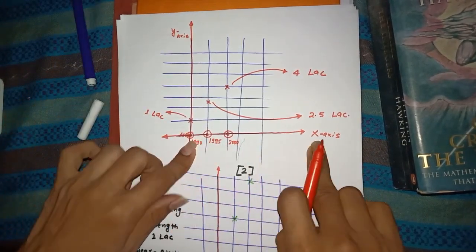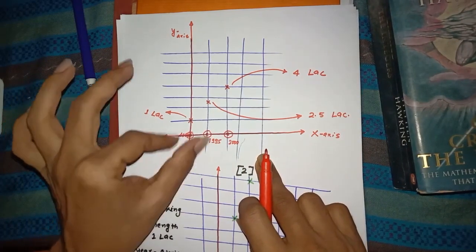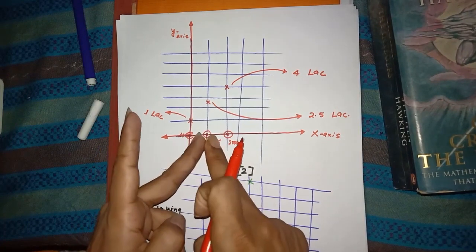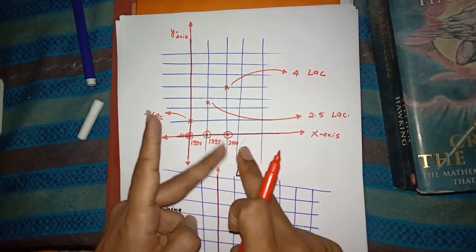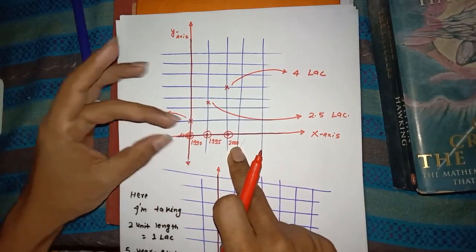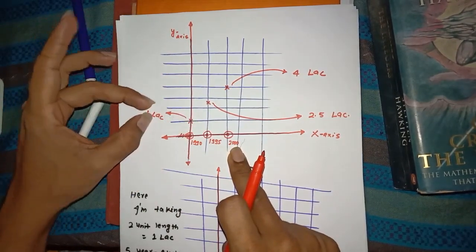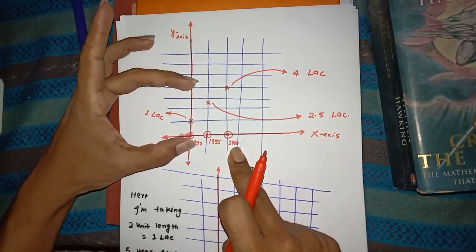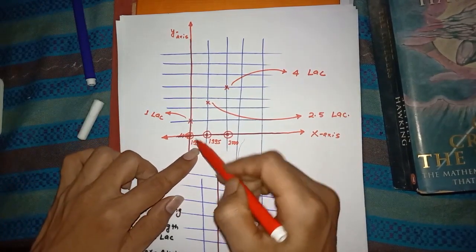Along the y-axis I am taking my expenditure in rupees, and along the x-axis I am taking years. So I am taking 1990 here, and 1 unit length is 5 years, so it becomes 1995, and another 5 years becomes 2000. Similarly, I have taken 1 unit along the y-axis as 1 lakh, so it becomes 1 lakh, 2 lakh, 3 lakh, 4 lakh, and so on.